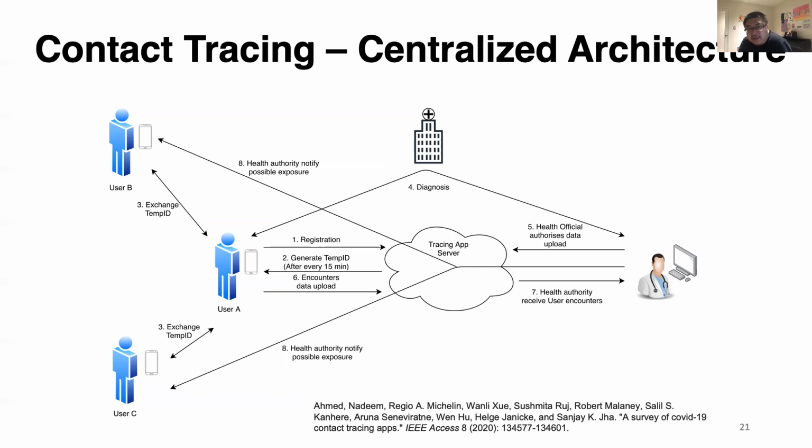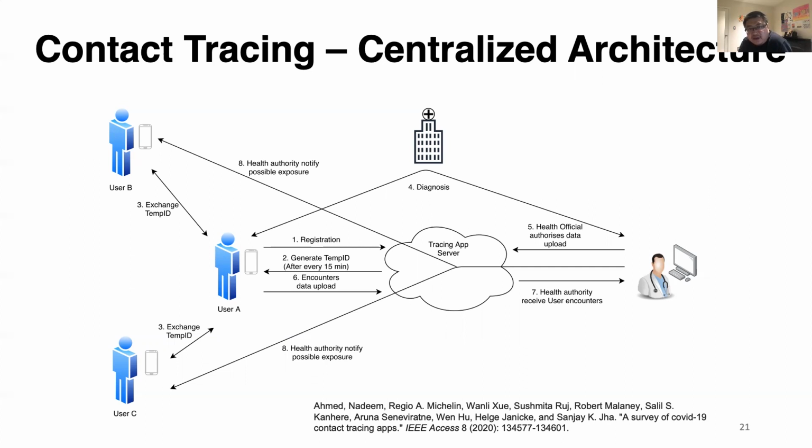The initial requirement for the app is that the user has to pre-register with the central server, and the server generates a privacy-preserving temporary ID for each device, and this temporary ID is then encrypted with a secret key, which is known only to the central server authority, and sent to the device.